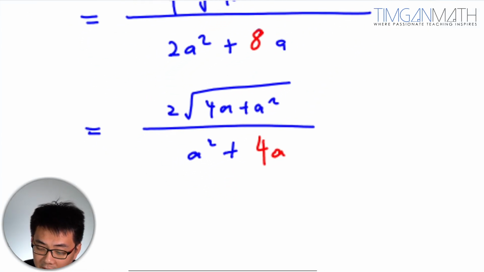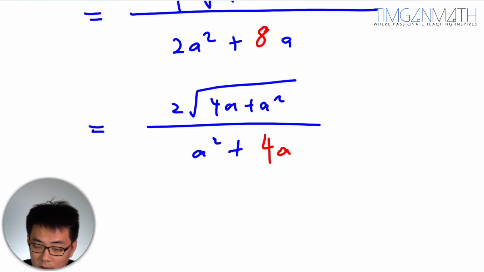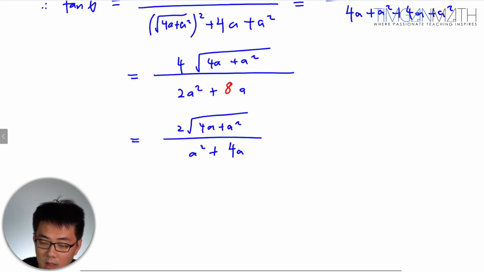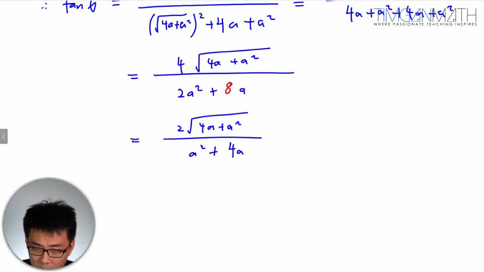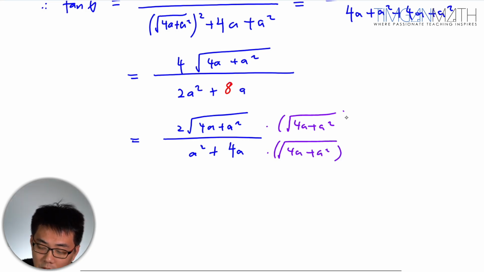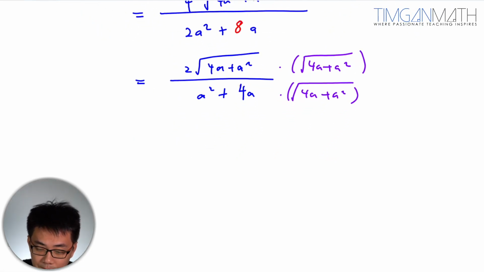I think it's perfectly fine to leave your answer as such. If you want to rationalize, you could, by multiplying top and bottom, but I don't think there's a need to do that, because we weren't told to. This could be your answer.